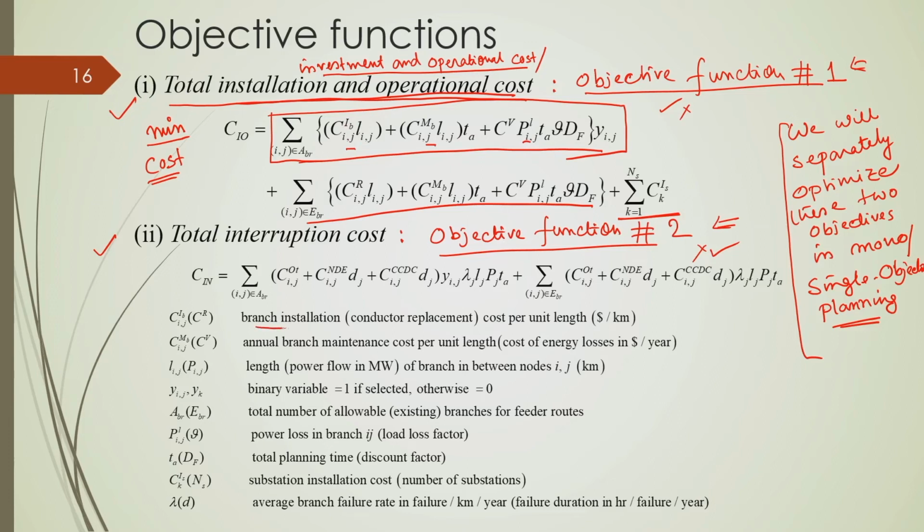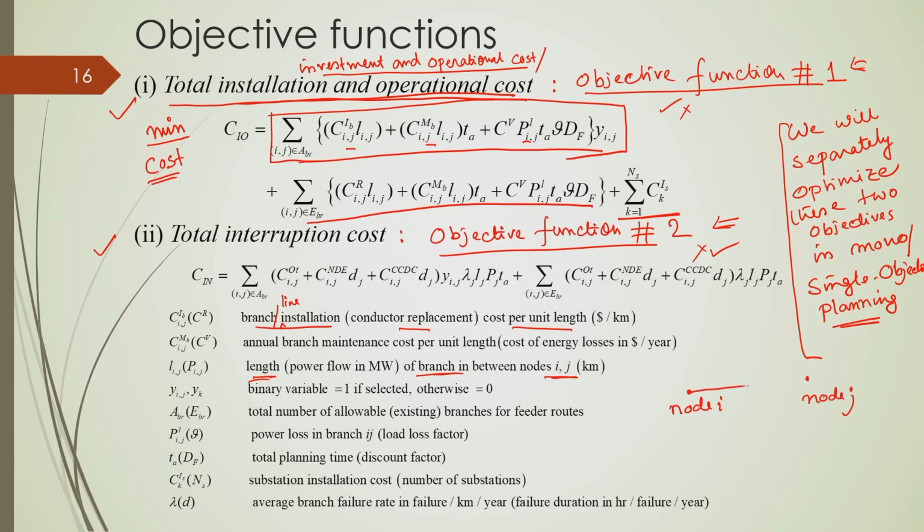This is the branch or line installation or conductor replacement cost per unit length, multiplied by the length of the branch between nodes i and j. For example, this is node i and suppose this is node j.